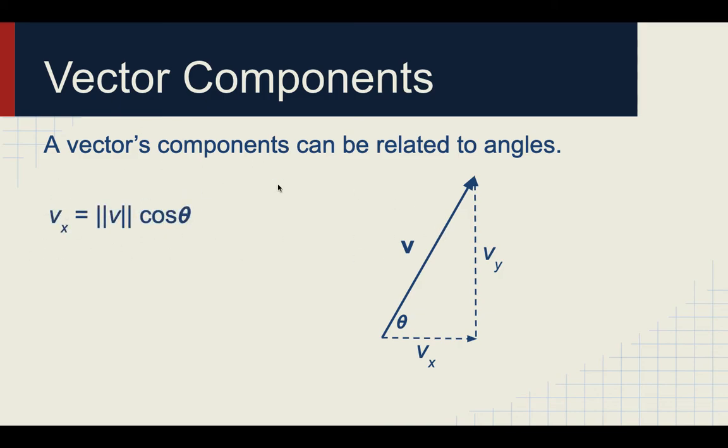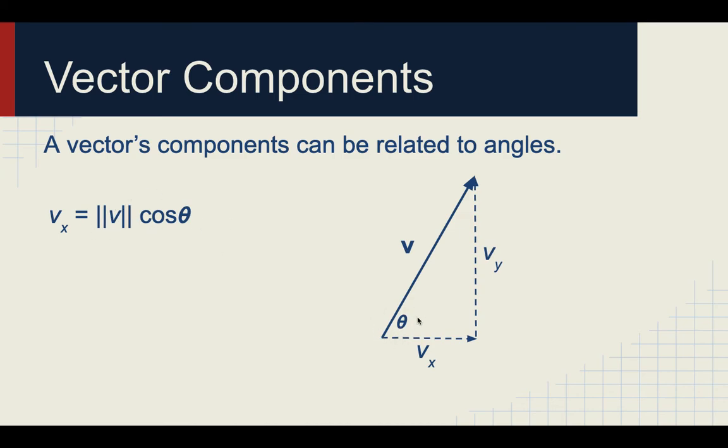So if we use SOHCAHTOA, we can relate the x component to the magnitude using this. This v here represents the length of the vector. That's the magnitude. That's what this double line sign here represents. So this comes from SOHCAHTOA. This is the CAH part.